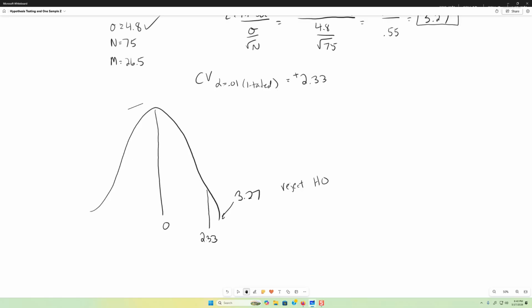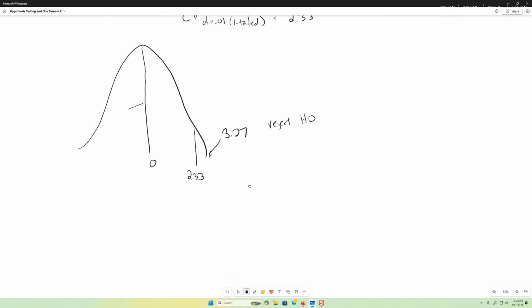And that's pretty much how to do the one sample Z test. Now, there's also something called effect size.